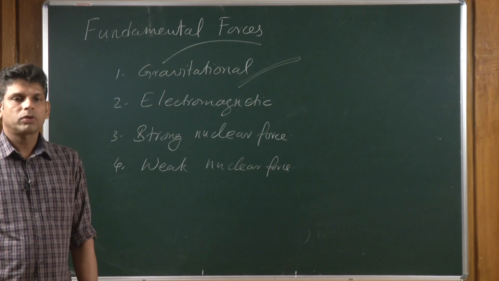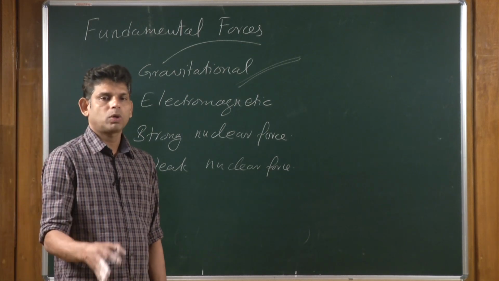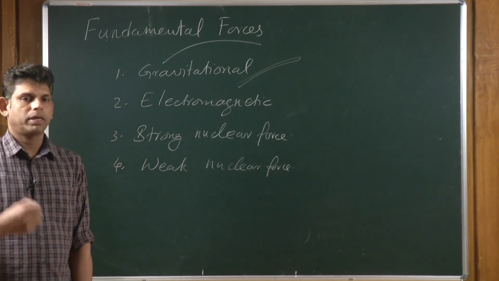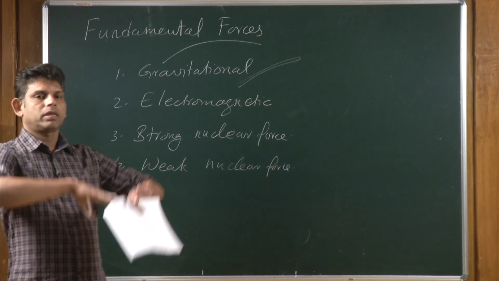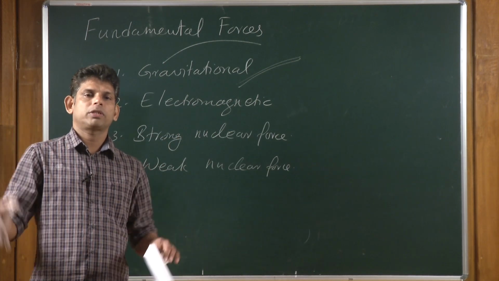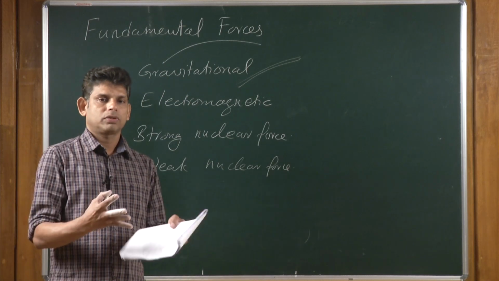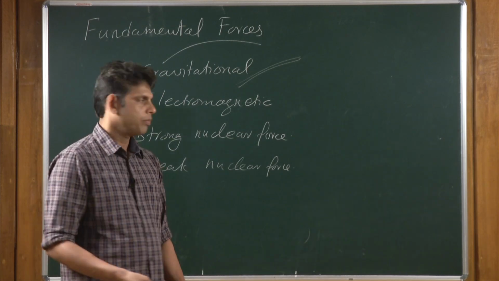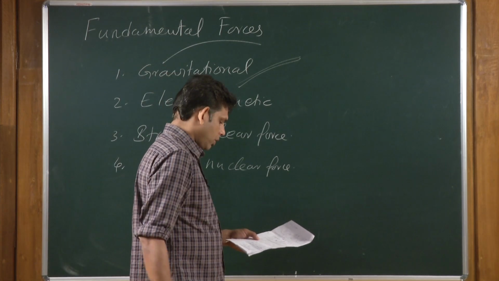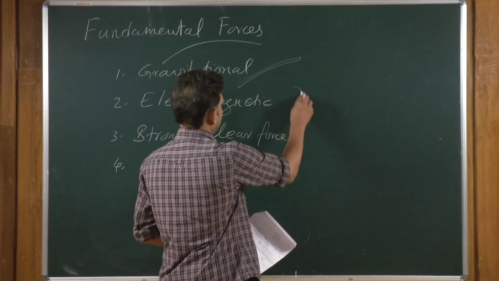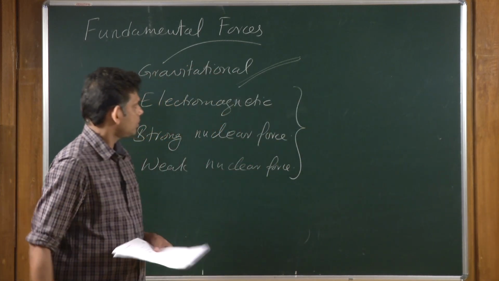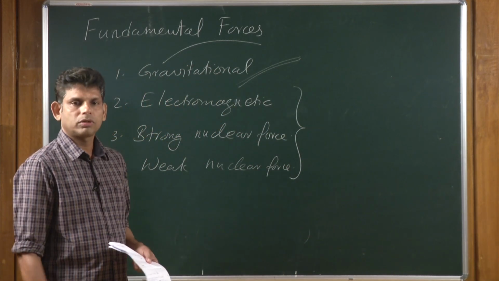The gravitational force as such has not much of a role to play in the dynamics of elementary particles. It comes into play in the formation of large scale structures where we have large mass, big bodies. So, we will not really be discussing that in this course.